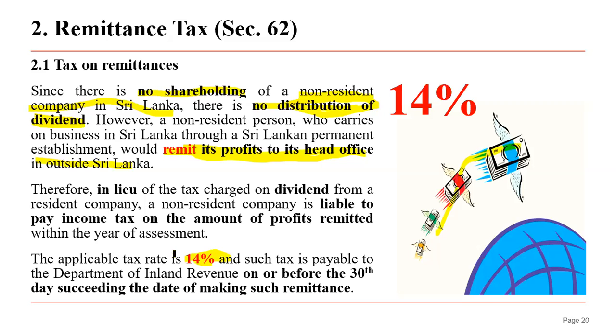When is remittance tax payable? It is payable to the Department of Inland Revenue on or before the 30th day succeeding the date of making such remittances. Let's say they are going to make the remittance on January 30th. Then within 30 days they need to make the payment to the IRD as well.